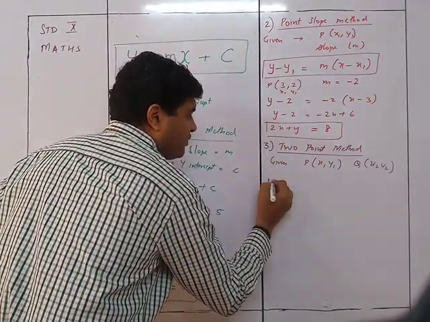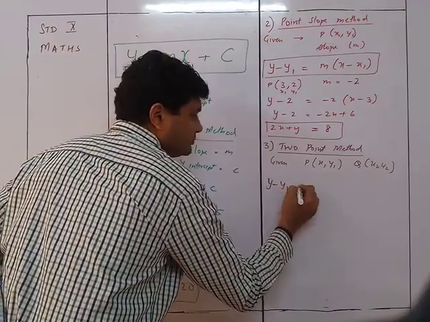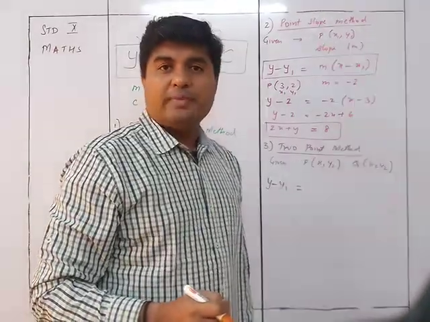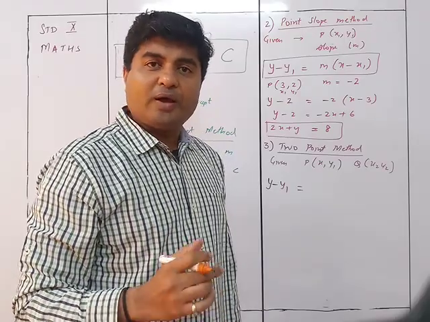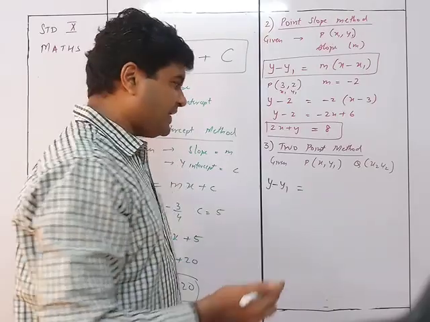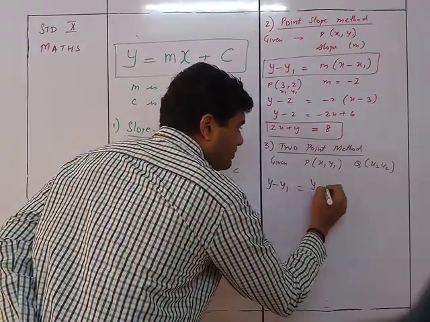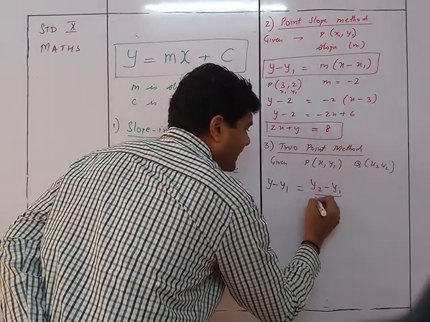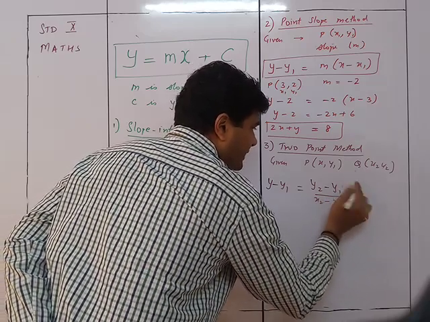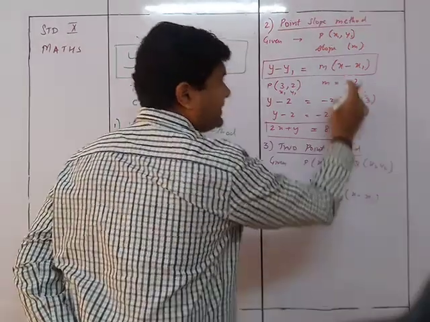So here it is y minus y1, that remains the same. What is m? Slope. What is the formula of slope? y2 minus y1 upon x2 minus x1. That's it. I'm just replacing that. It is y2 minus y1 upon x2 minus x1 times (x minus x1), because that is exactly what was here.